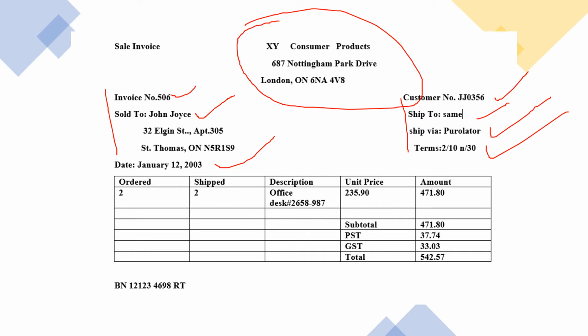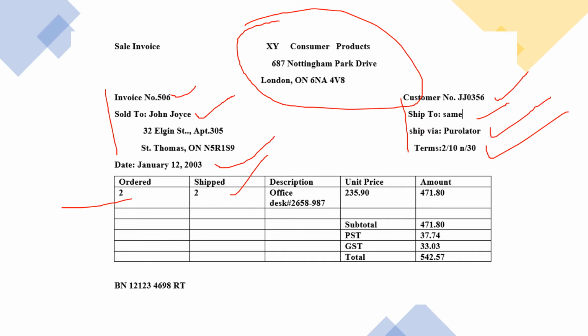Down in the table, we have the amount ordered, and then the amount shipped to the company. Sometimes it could be different because maybe there was some damage on the way, or some of the items were lost in the process of transportation.